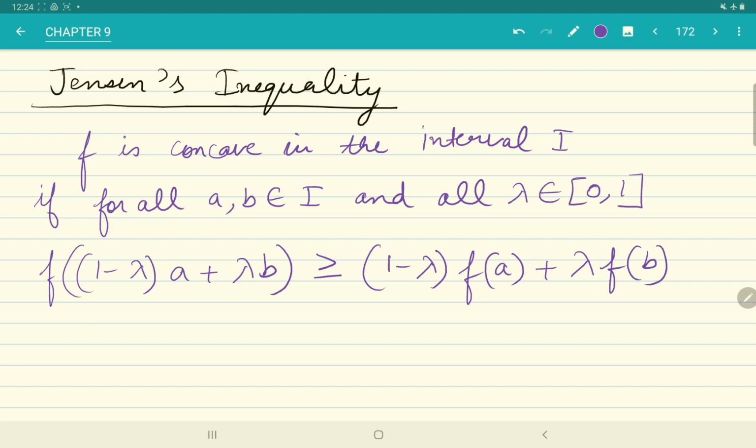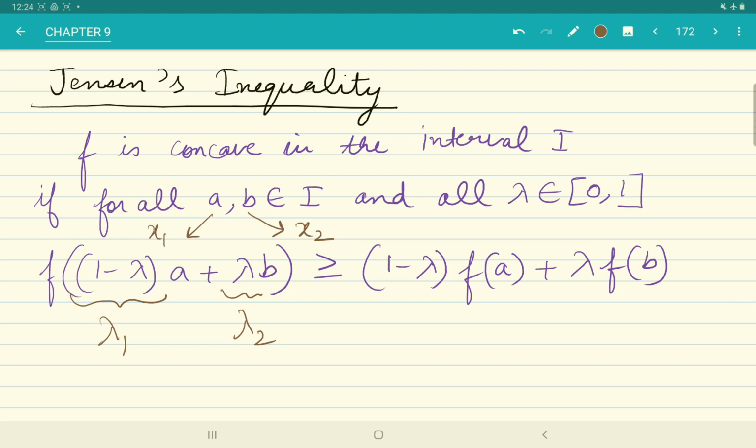Now in this case, instead of 1 minus lambda, I put lambda 1. Here this is lambda 2. A is now x1, b is now x2. So obviously 1 minus lambda plus lambda is going to be equal to 1.